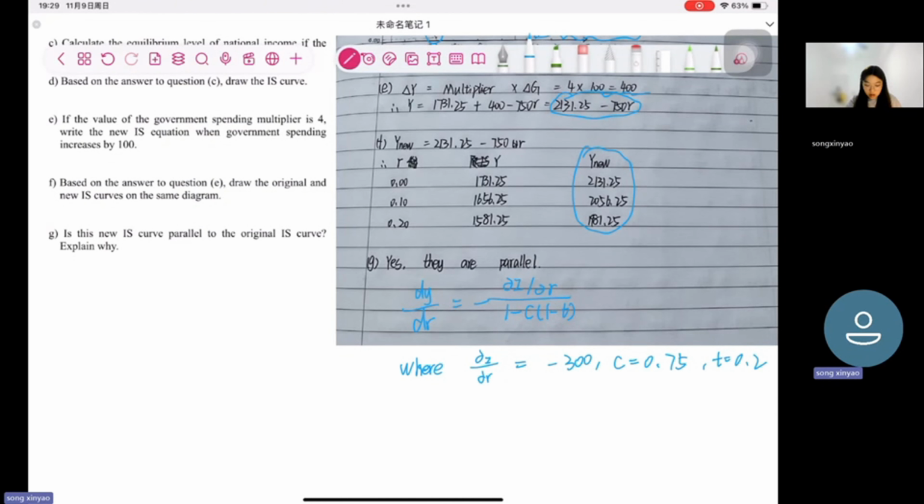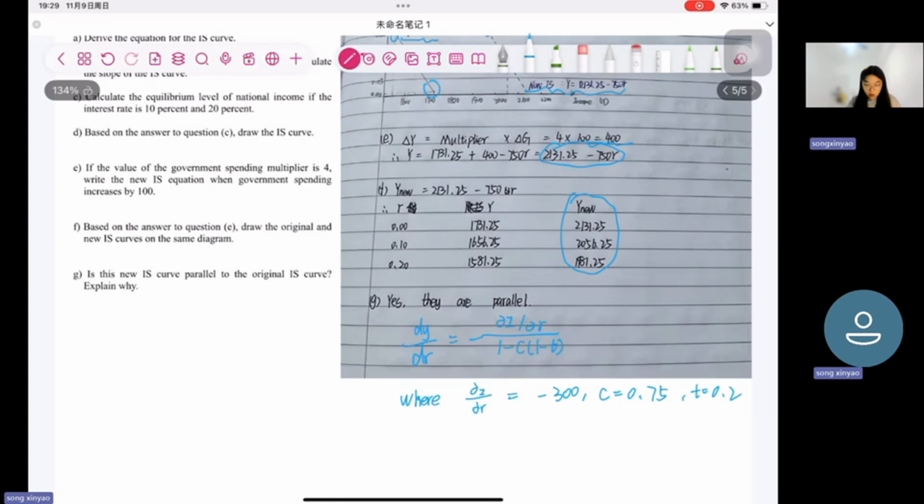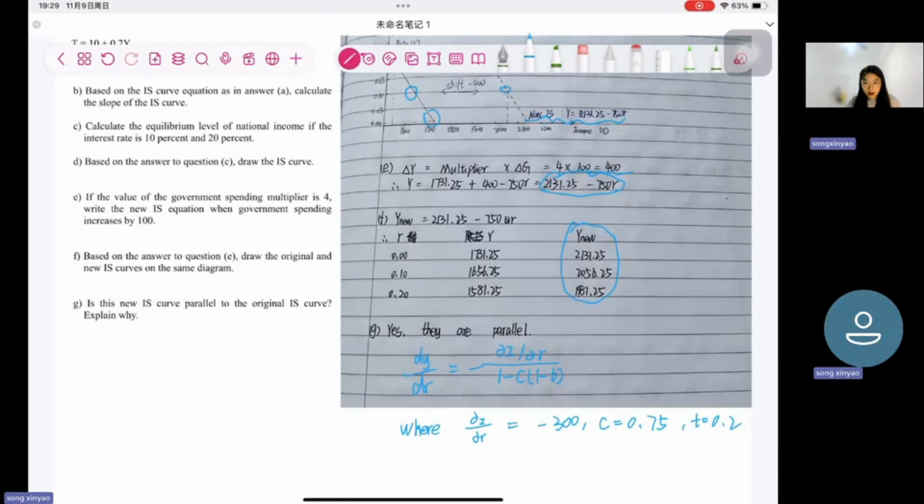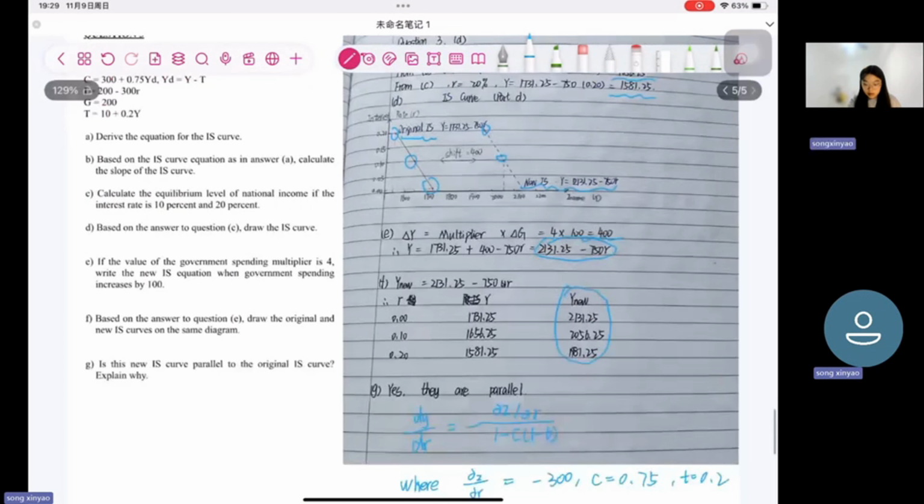Therefore, the slope remains the same. A change in government spending G only affects the intercept of the IS curve, not its slope. So the new and the original IS curves are parallel, with the new one shifting to the right. Okay, that's all.